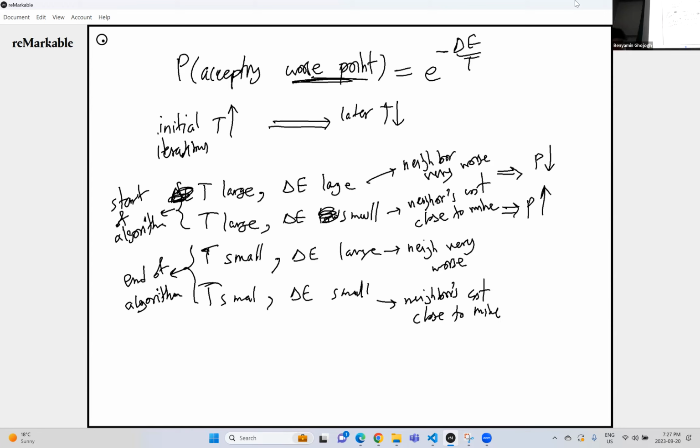The third subcase, T is small, delta E is large. What happens? Let me think. T is small, so the fraction is large, so the whole fraction is large, so P is small, right? P is small.